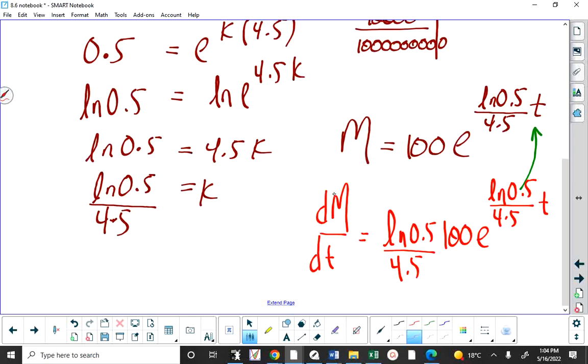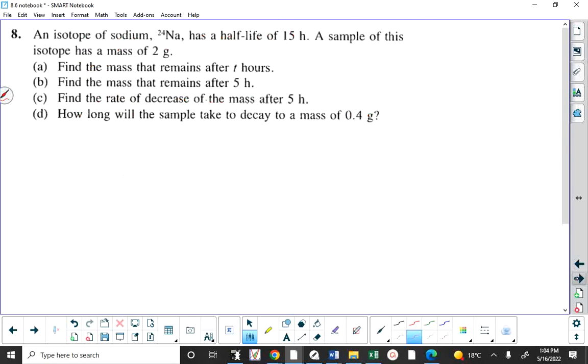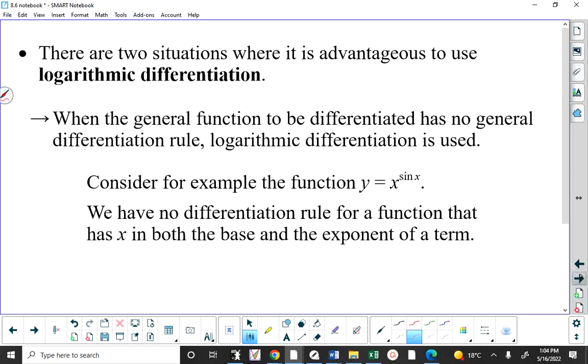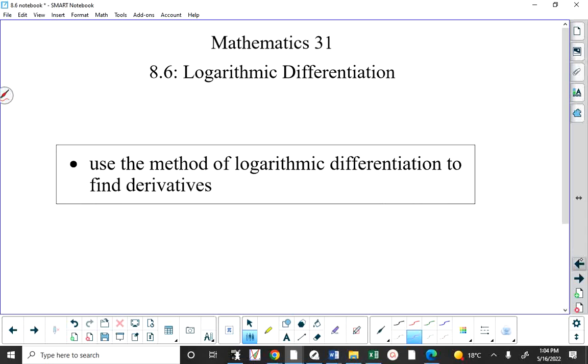All right, let's move on. So we have one more topic to cover. It is section 8.6 of your textbook, and it is called Logarithmic Differentiation. I don't want you to confuse logarithmic differentiation with differentiation of logarithmic functions, which we've already learned.